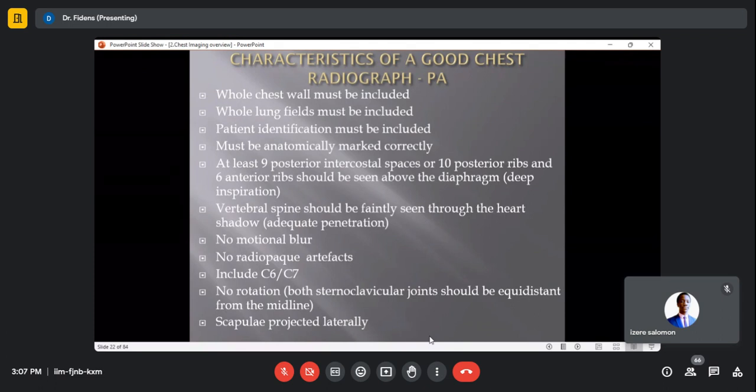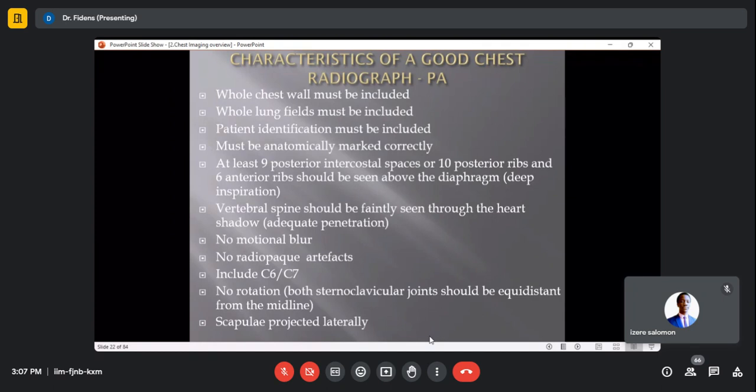Deep inspiration. For you to know that this film was taken in deep inspiration, you should count either 6 anterior ribs above the diaphragm or 9 to 10 posterior ribs above the diaphragm.